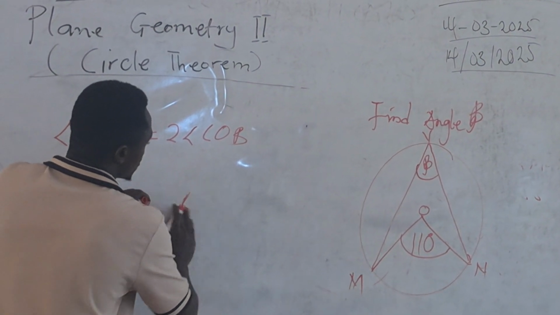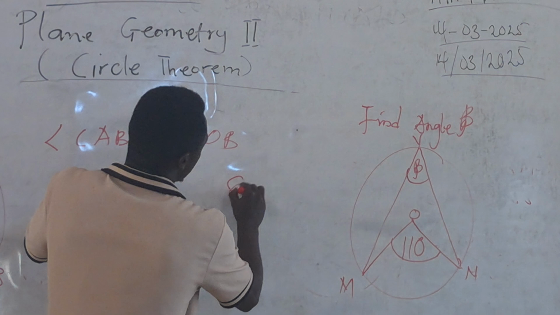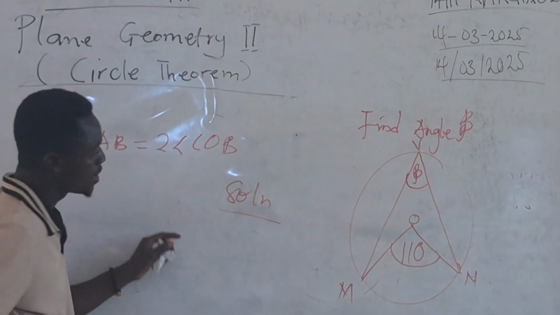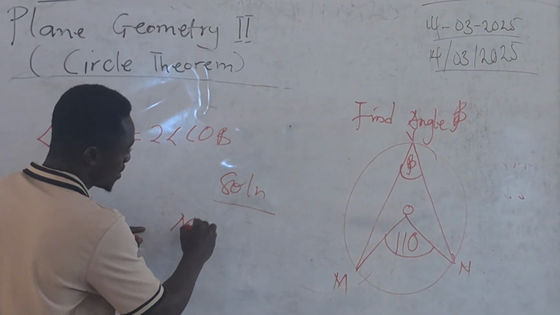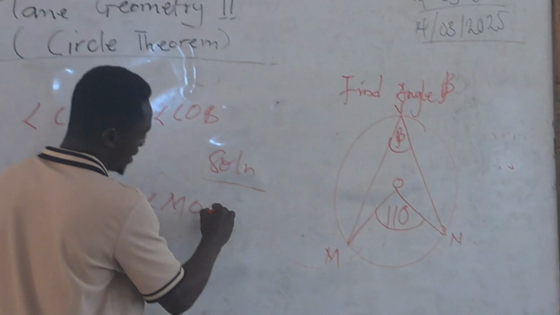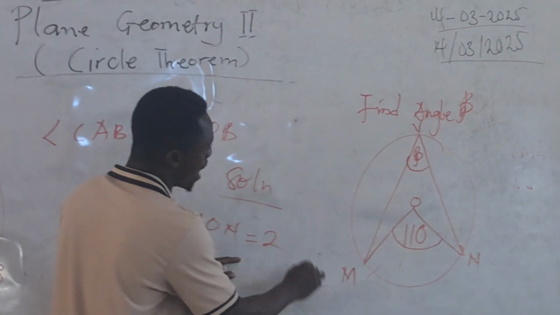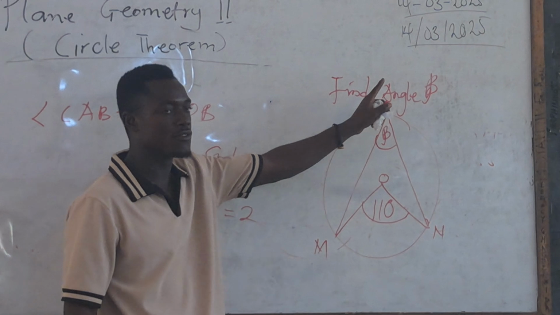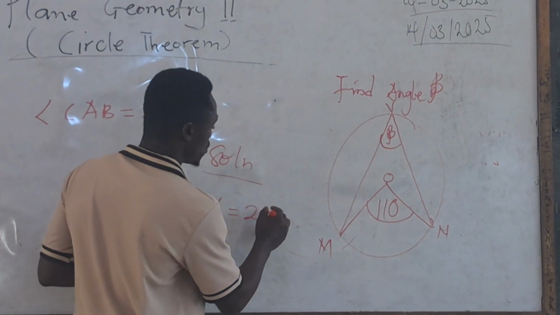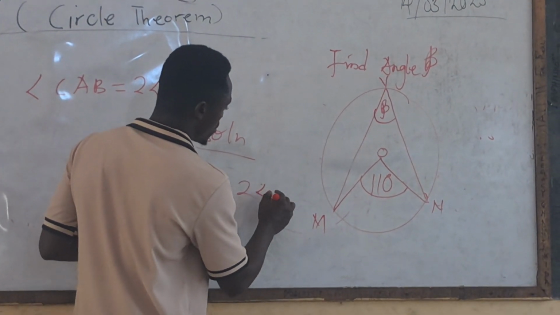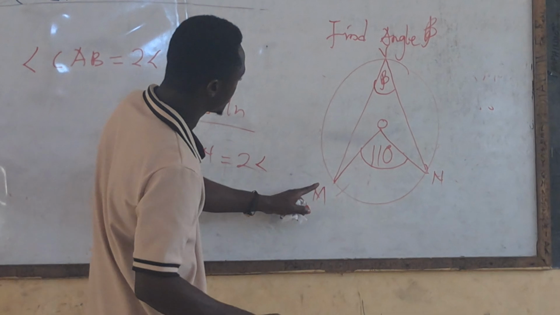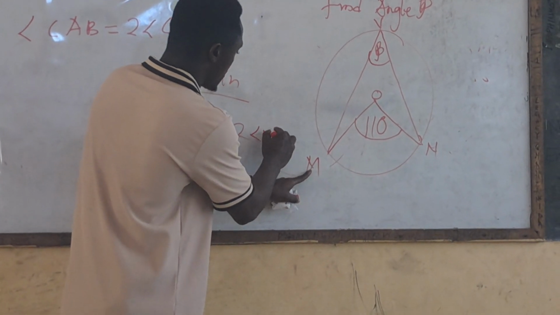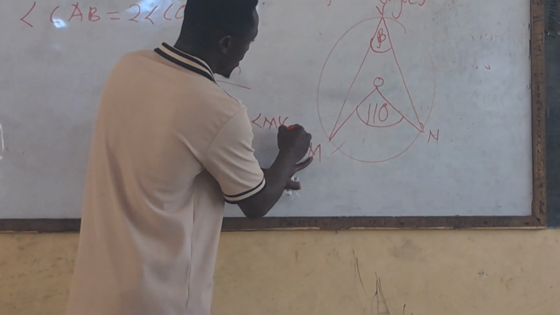Let me put the solution here. Angle MON is equal to twice the angle obtained at the circumference. So it's going to be 2 times angle MBN.